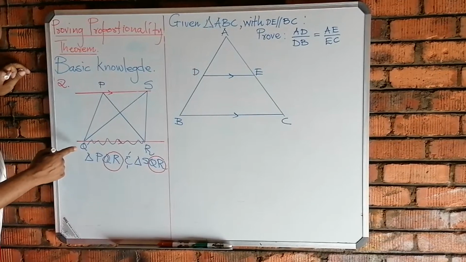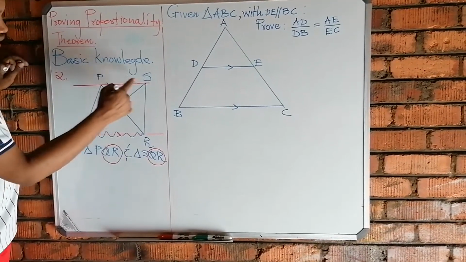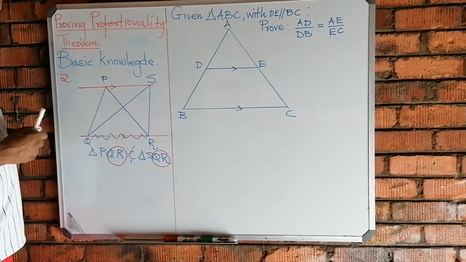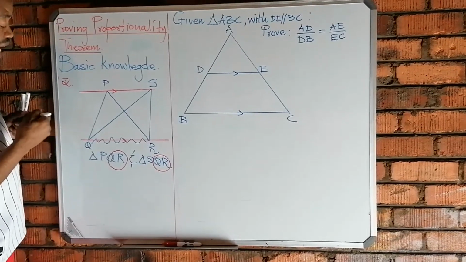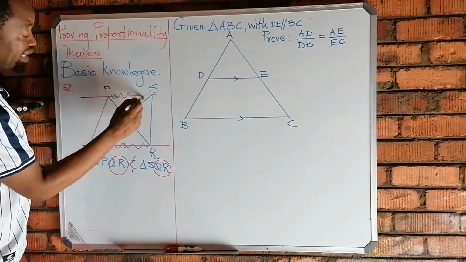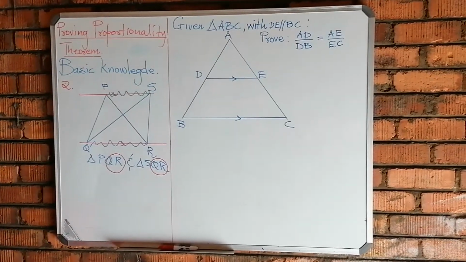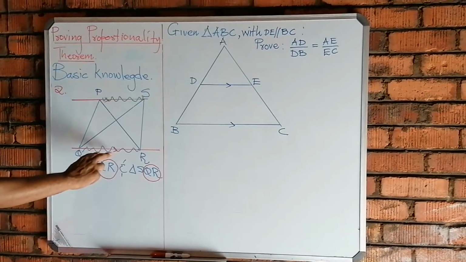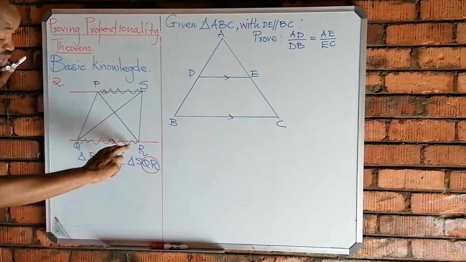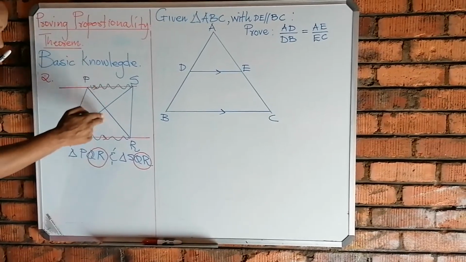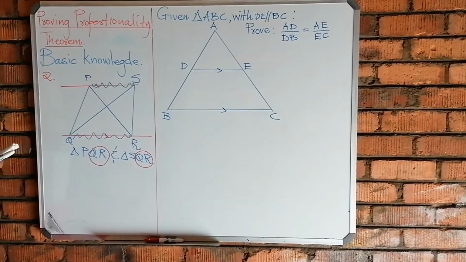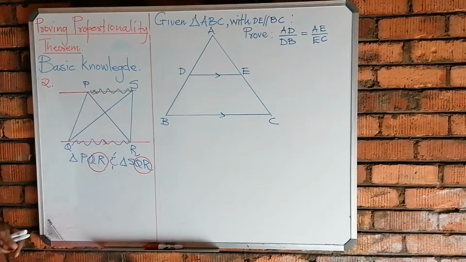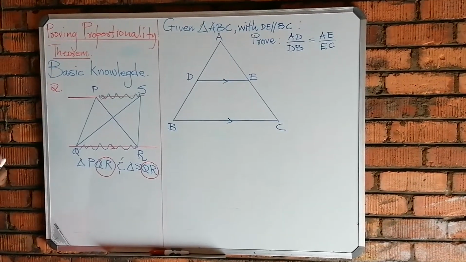Again, if you look at triangle QPS and triangle RPS, those two triangles will have the common side, which is PS. Now, having the common side, which is PS, and the others having the common side, which is QR, and having the same height, that tells us that these two triangles, which are between parallel lines, will have the same area.